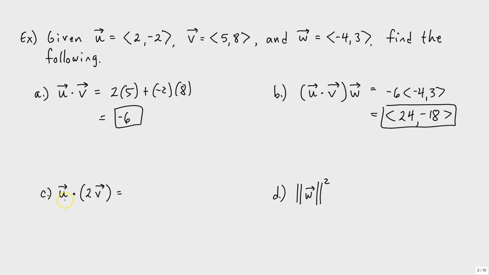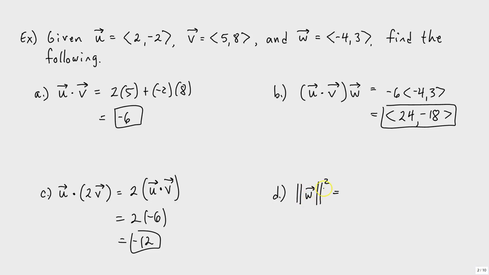For C, we want to do vector u dot 2 times vector v. Well, one of our properties said that it'd be the same thing if we just did the scalar times the dot product of u and v, which we already know is negative 6, so that'd be negative 12. So since we already knew what u dot v was, that made that pretty simple.